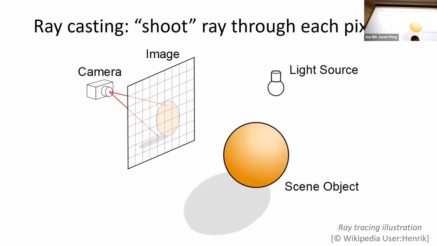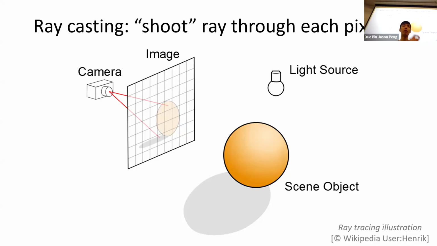So let's take a look at how we implement this ray tracing method. The key operation in a ray tracing system is ray casting, where we cast a ray starting from some origin point into the scene. Every single ray that we cast into the scene is going to start at the origin of our camera, which is the position where the camera is located in our scene.